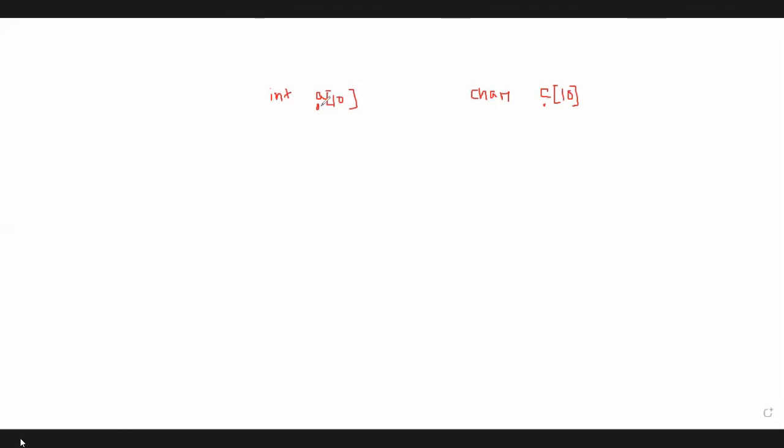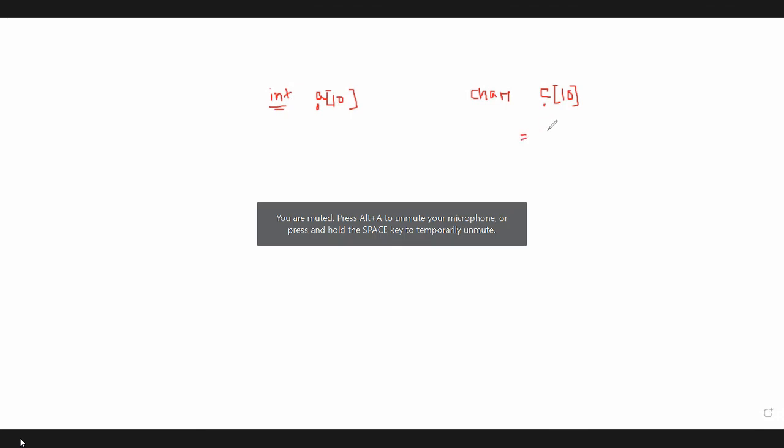A is a collection of integer type data, so in this array you can store integers such as 1, 2, 3, 4. And C is a character type array where you can store characters, symbols, or digits. When we denote a number like 5 using single quotation marks, it becomes a character.